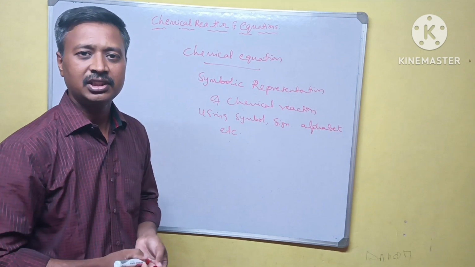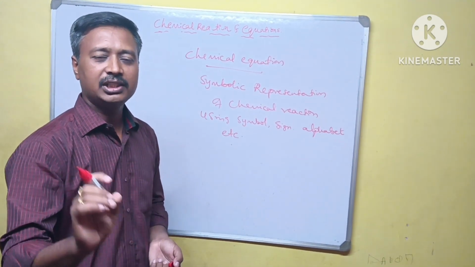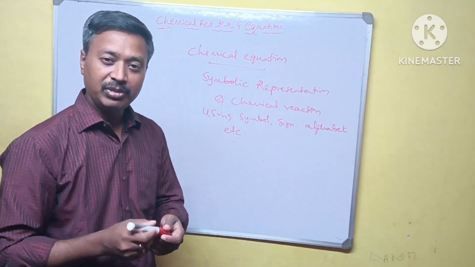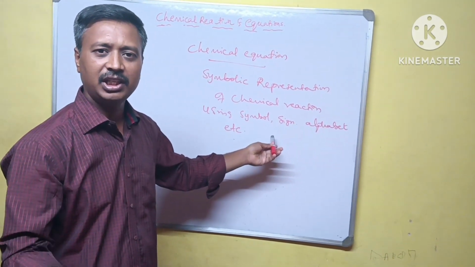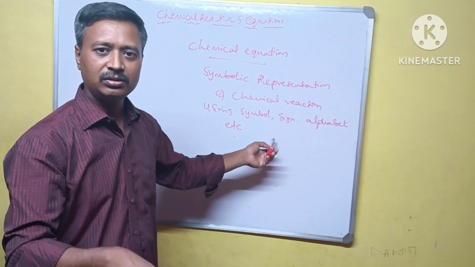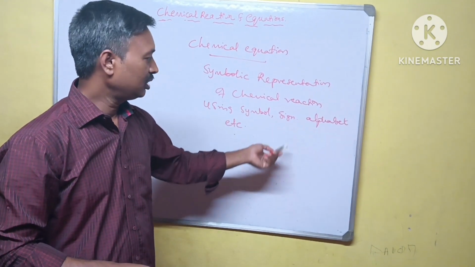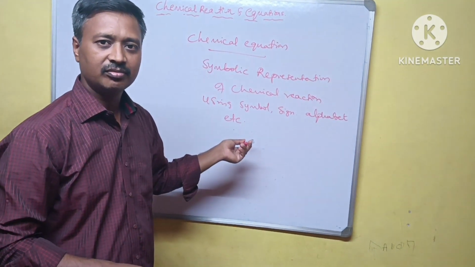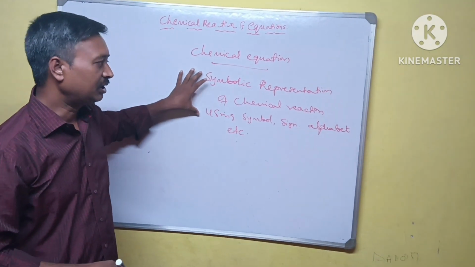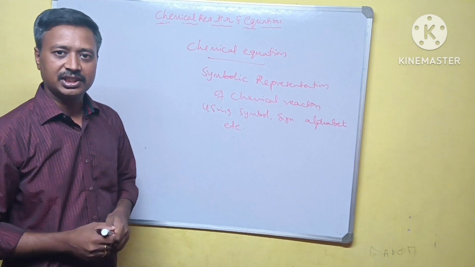A symbol is nothing but plus, minus, upward arrow, downward arrow, signs, alphabets, etc. It is the definition of a chemical equation.